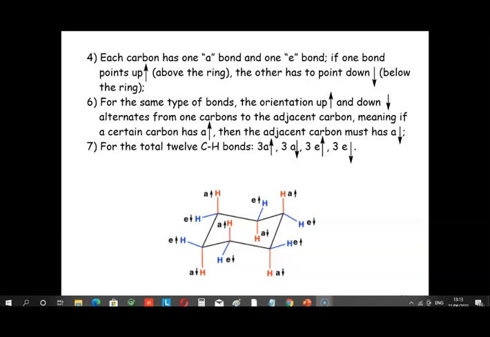So in all, we can say, for the total 12 carbon-hydrogen bonds, we have 3 axial upward pointing bonds and 3 axial downward pointing carbon-hydrogen bonds.